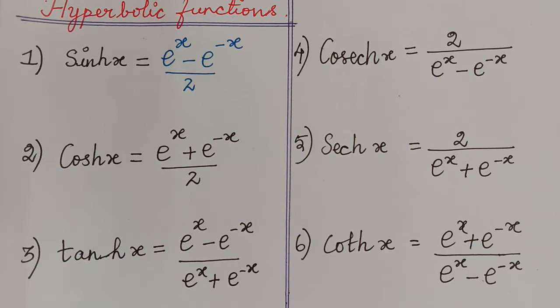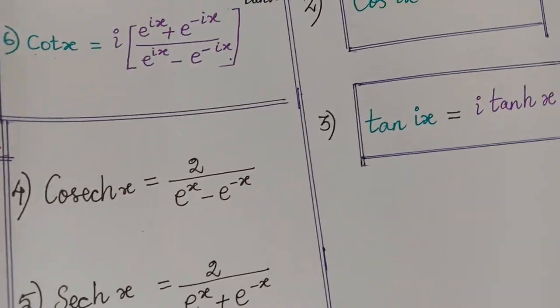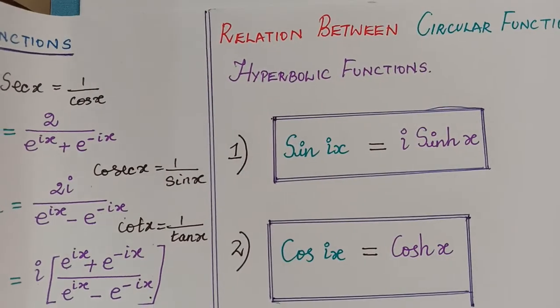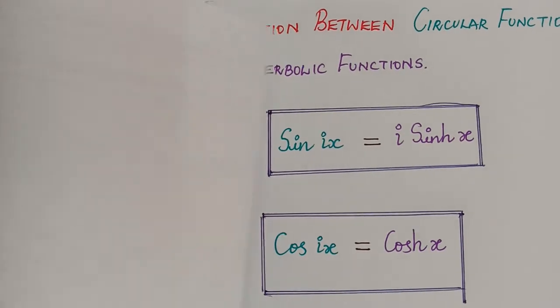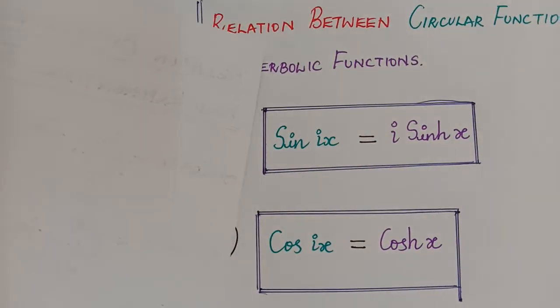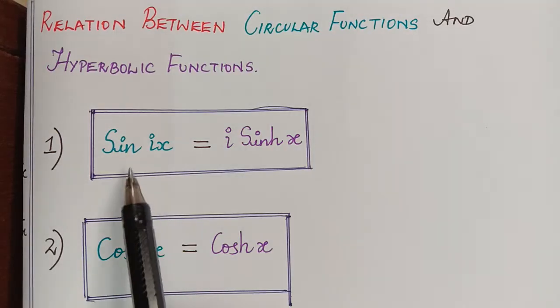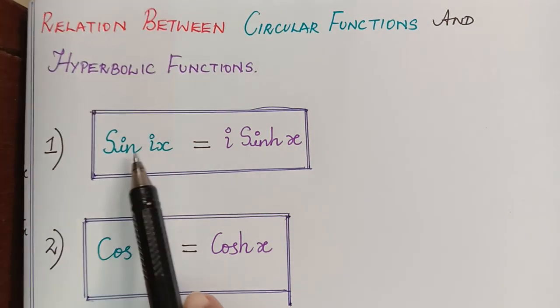So now after learning about the hyperbolic functions, we are going to learn about the relation between the circular functions and the hyperbolic functions. Here we have the relation between the circular function and the hyperbolic function. This is a circular function because it is sine of an angle.